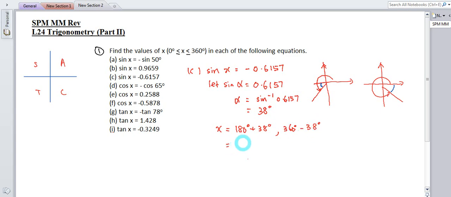This one you just press the calculator. This should be 218 degree, and this is 322 degree. Okay, any problem? ABC, I hope that you understand, right? Okay, now we go to the next one.